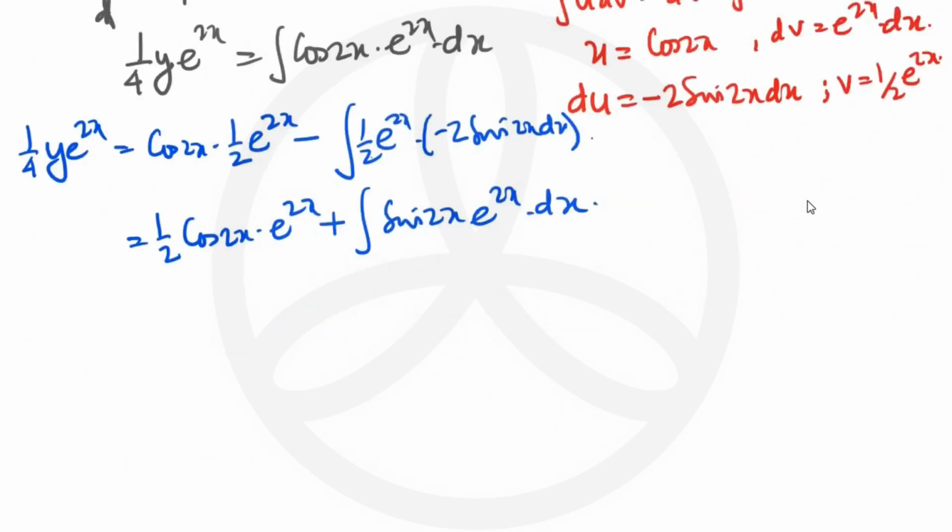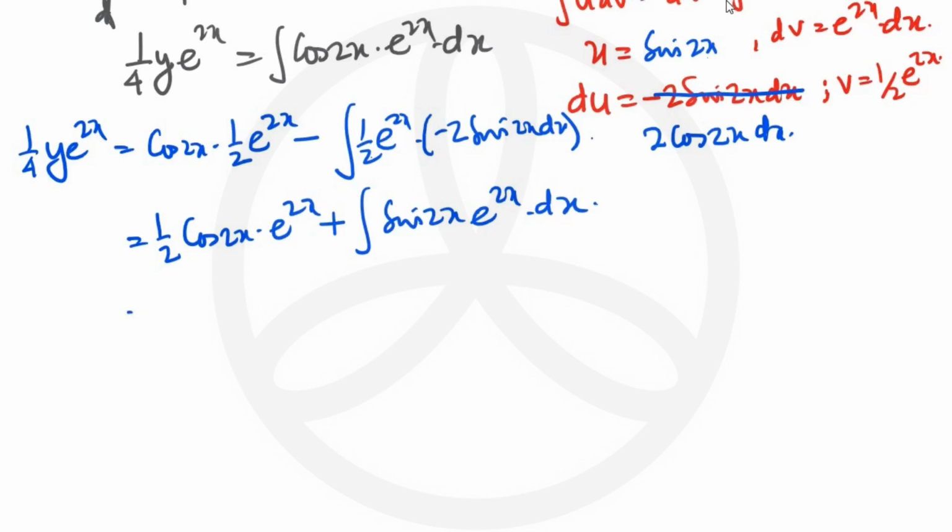Now we will apply integration by parts again, assuming the same thing. The only change here will be: here it was cos 2x, now it will be sin 2x, and instead of minus 2 sin 2x, it will be 2 cos 2x dx.